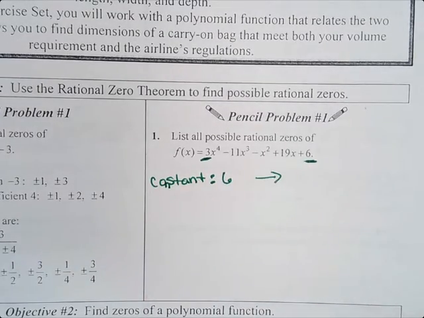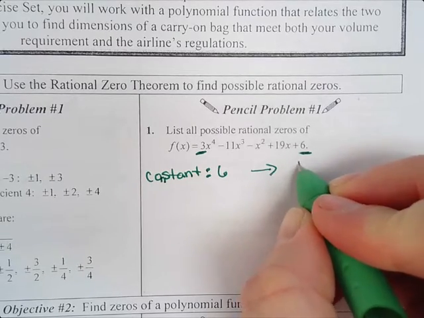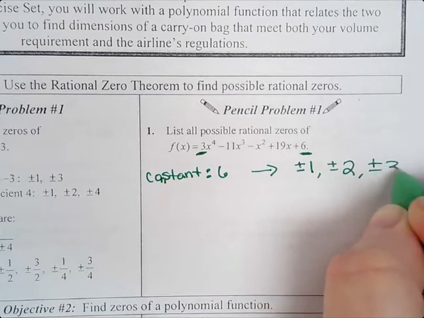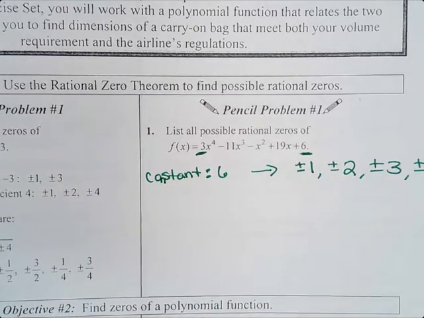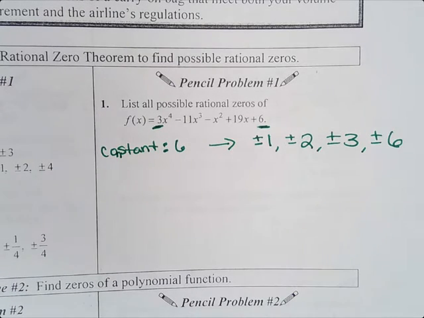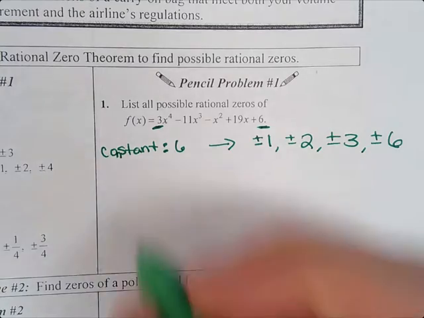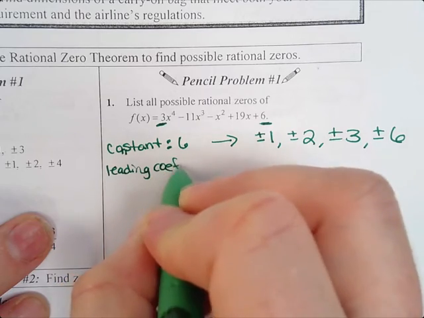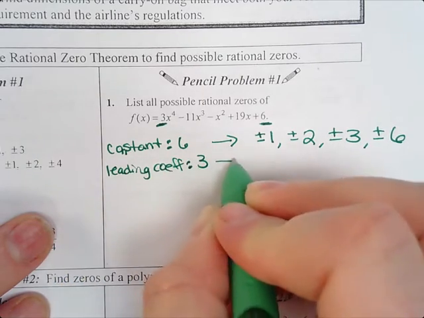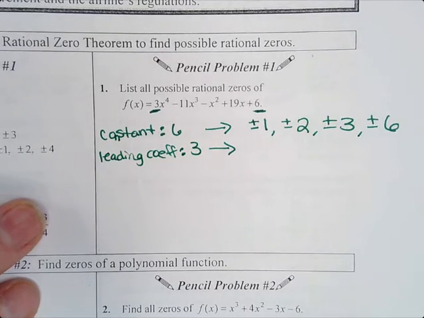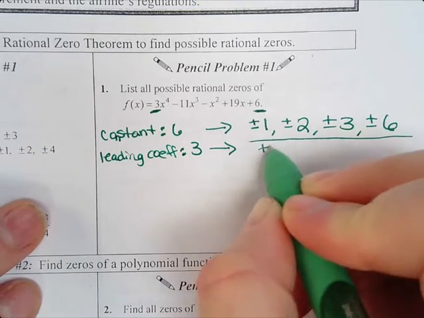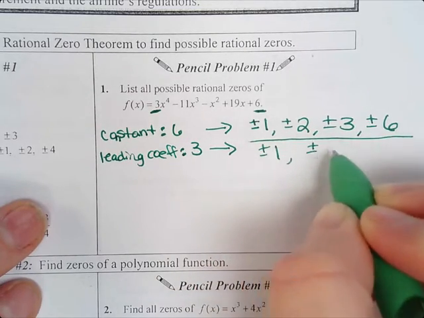So what are the factors of 6? 1, 2, 3, and 6. And we put that over the top of our leading coefficient, which is 3. So our factors of 3 are plus minus 1 and plus minus 3.